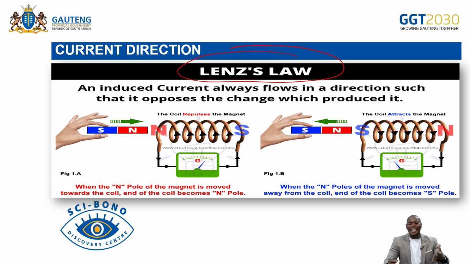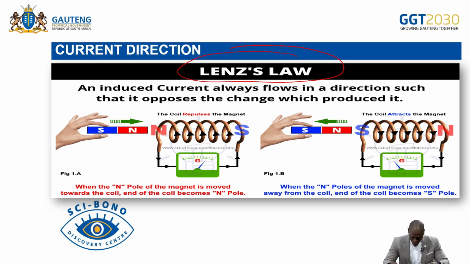What will happen to the direction of current? An induced current always flows in a direction such that it opposes the change which produced it.